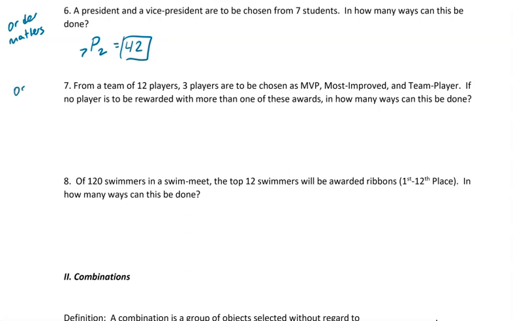So order matters. All right, so if order matters, it's a permutation again. Out of 12 players, we are going to pick 3. So put 12p3 into your calculator, and we get 1,320.